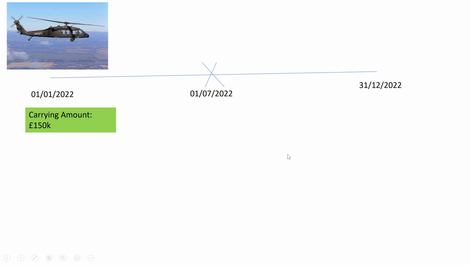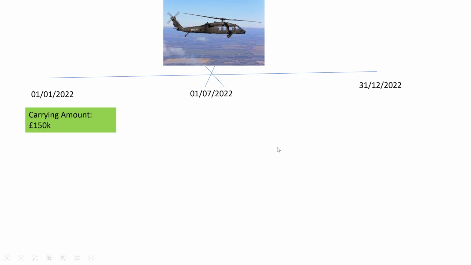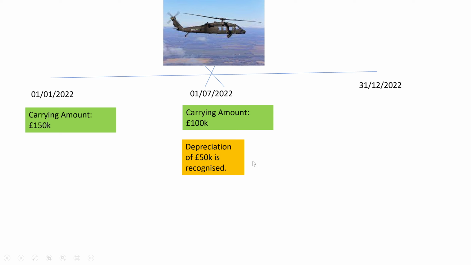Okay, so let's consider this helicopter. It has a carrying amount of 150k at 1st of January 2022, and our year end is 1st of December 22. What happens? Well, at 1st of July 22, the carrying amount is 100k and we've incurred depreciation of 50k. So that depreciation hits our P&L as normal.